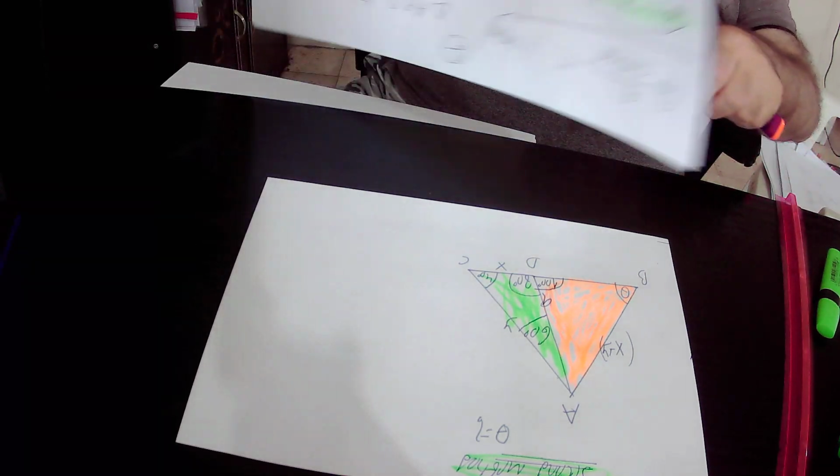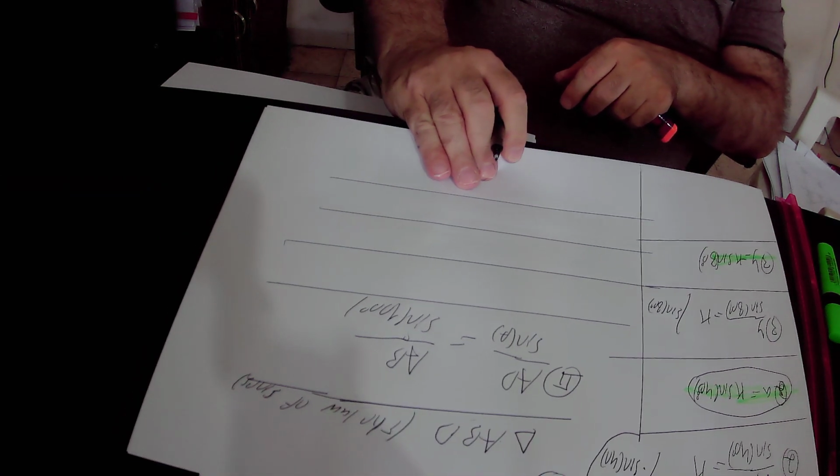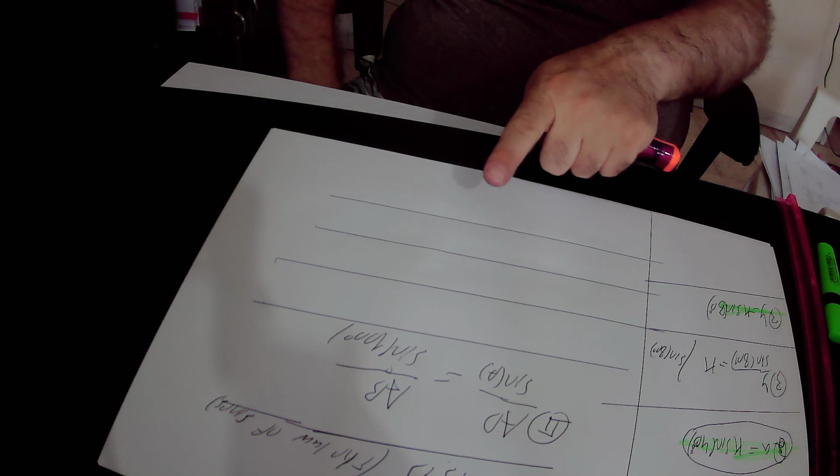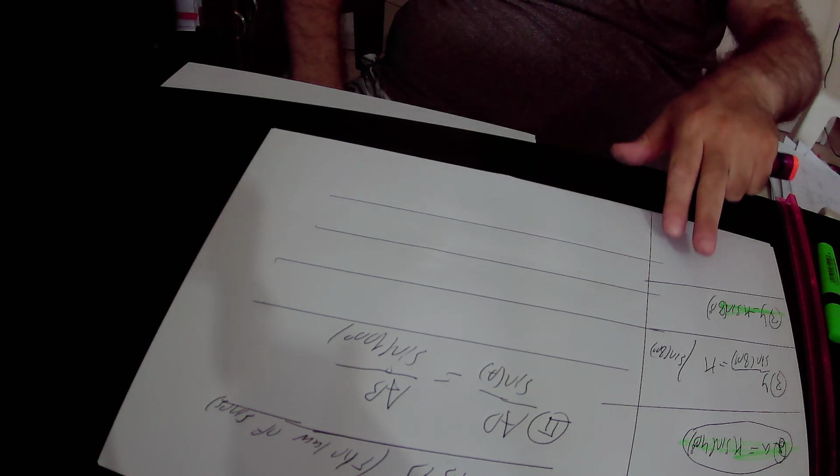I repeat again, in the orange triangle ABD, according to the law of sines, AD over sine theta must be equal to AB over sine 100 degrees.